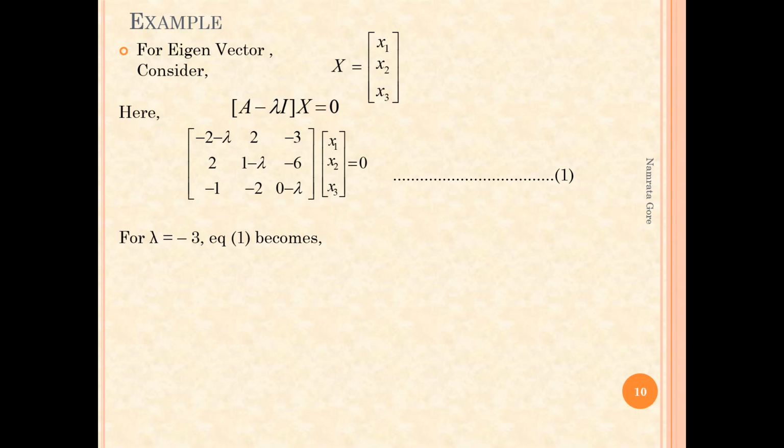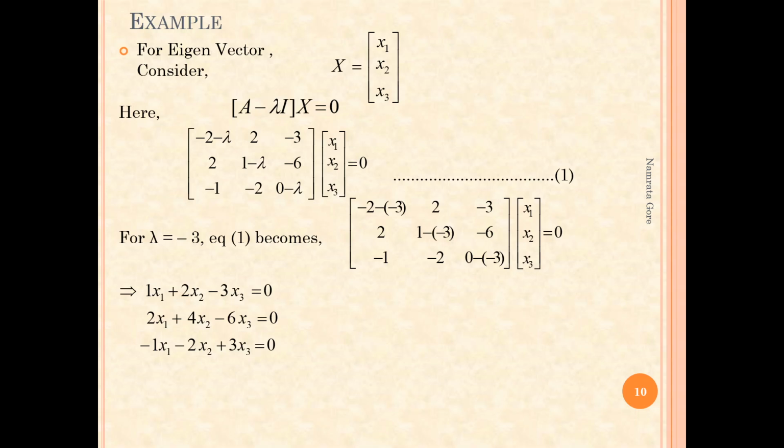Now we consider the first eigenvalue lambda equal to -3. For lambda equal to -3, substituting, we get this particular relation, and solving it, we get these 3 equations.